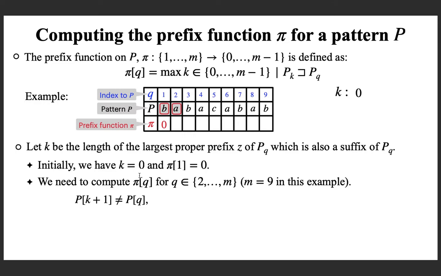If b is same as the newly opened symbol at the pattern is what you are checking. Now it is not the matching. So when you have the present prefix length as 0, you can set the new value of pi k as 0, which means that there is no proper prefix of BA which is also a suffix of BA, and that is why we are getting it as 0.